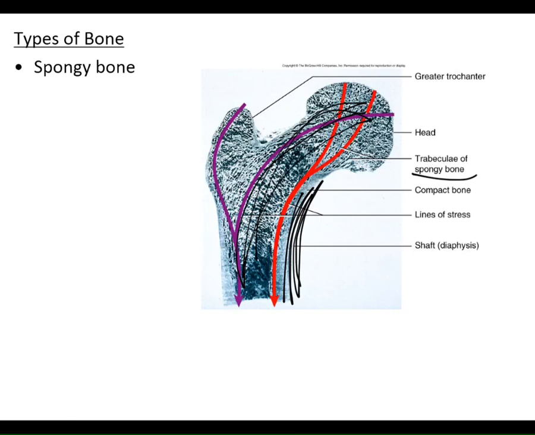Instead, it's said to be trabeculae. Now, trabeculae is just a word that means this webby, spongy-looking matrix. And within that, in your bones, you would have bone marrow. And bone marrow, I'll show you in a moment, is kind of a fatty-like substance. And it's in that bone marrow that the blood cells are being made, right? That we have hematopoiesis occurring.